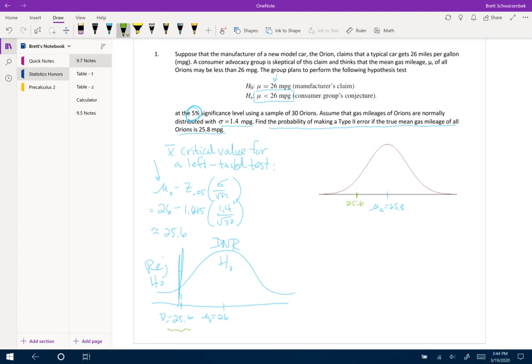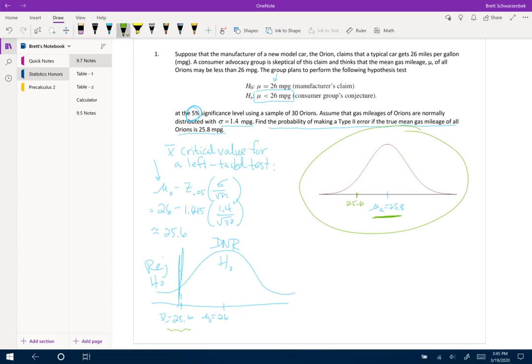Again, false mean 25.8, right? This is the new alternative mean, and we have our X bar critical value. What is the probability of a type 2 error? It's the probability of accepting a false null hypothesis. We want to know in this setting, what's the probability of accepting this false null hypothesis?